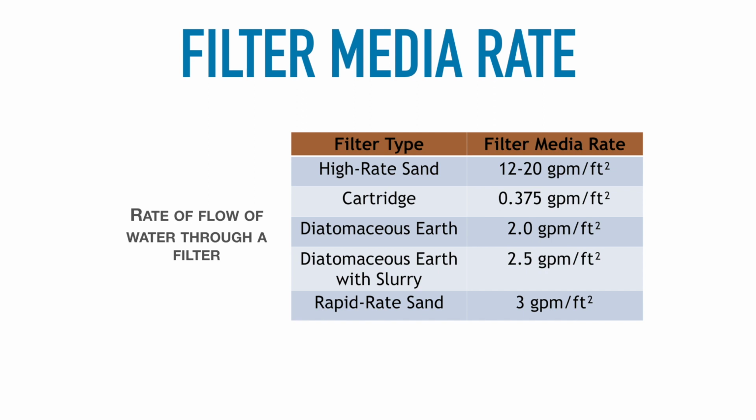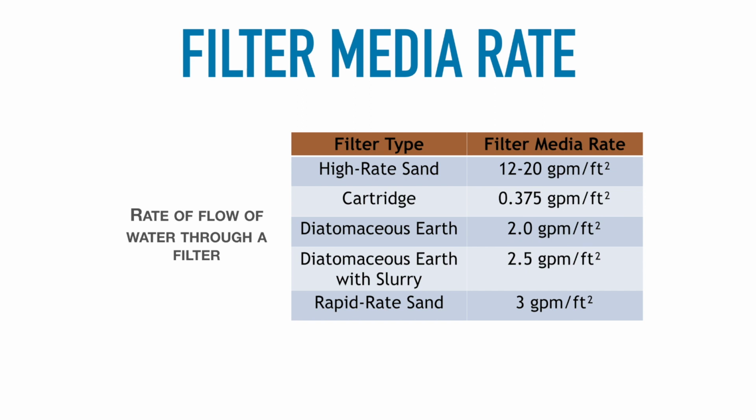If I'm pushing water through something like sand, it only makes sense that that sand is going to slow the flow of that water. It's going to cause some sort of restriction. These numbers over here, the filter media rates, are going to show you the speed of the water moving through each one of these filter medias per square foot.